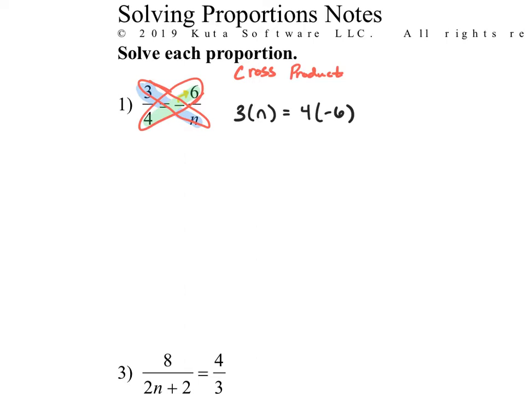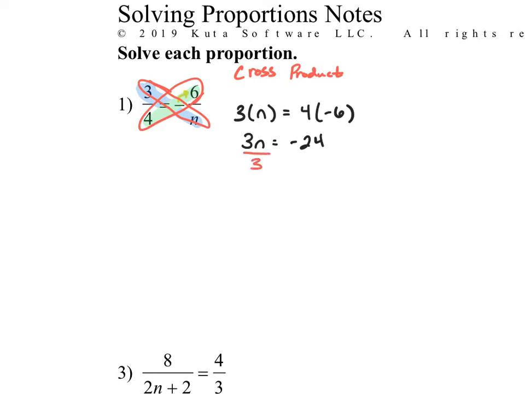Now, at this point, you want to take each of these and work it out side by side. On the left-hand side, 3 times n is just 3n. On the right-hand side, 4 times negative 6 gives you negative 24. At this point, all it is is simplifying the equation, solving to get the letter by itself. How do you undo multiplying by 3 so you can get n by itself?